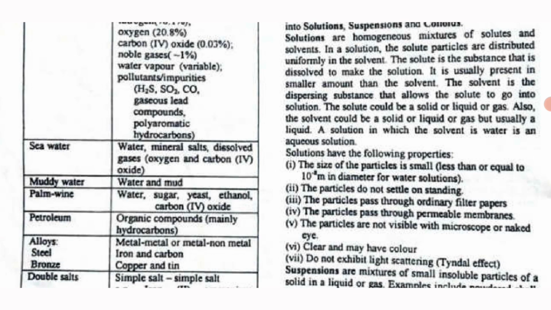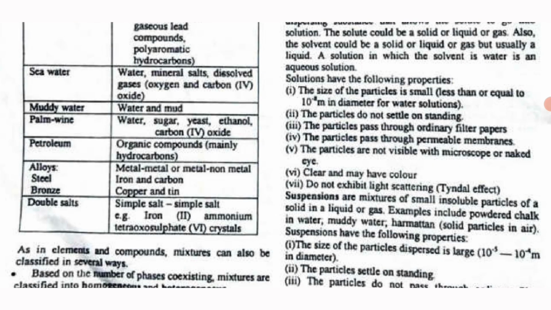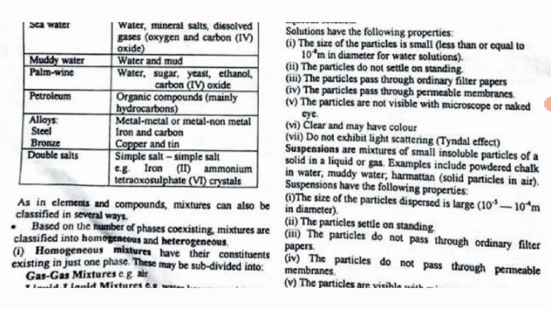We have seawater, we have muddy water, we have petroleum, organic compounds, mainly hydrocarbons, we have alloys, steel, and bronze. Alloy is a combination of two metals, or metal and non-metal: iron, carbon, copper, and tin. Double salt, we have simple salts to give us double salt.